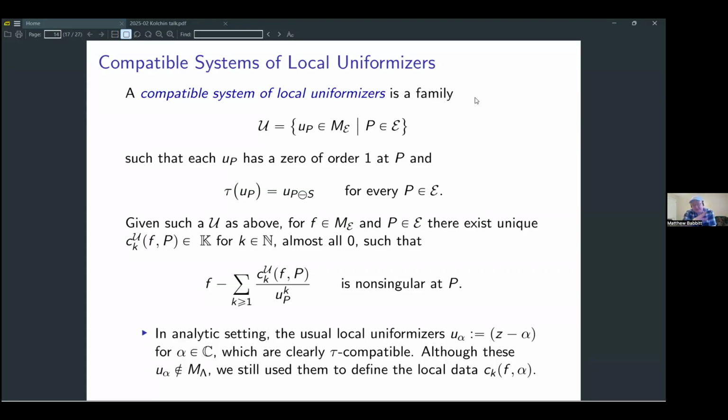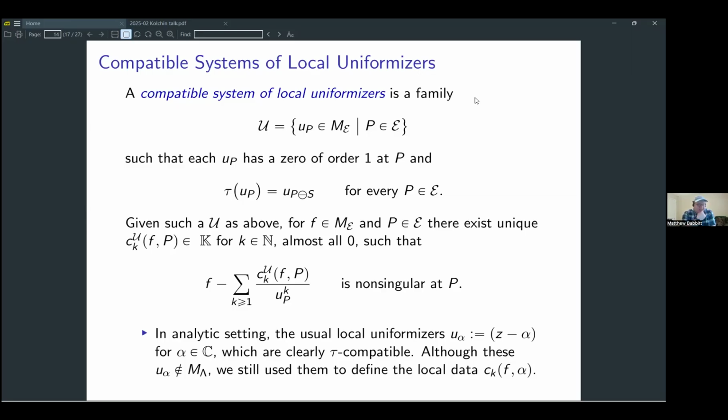And then once we have this compatible system of local uniformizers, we can take all of these local expansions again, and they are unique. So we can take the coefficients of these powers of local uniformizers, and these are the numbers that we're going to use to define our residues.